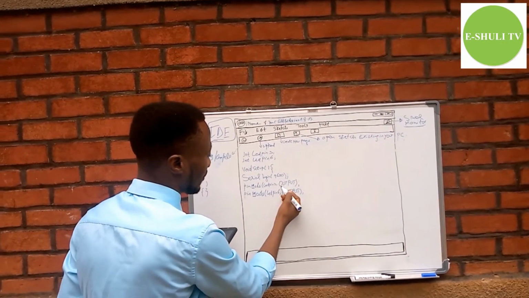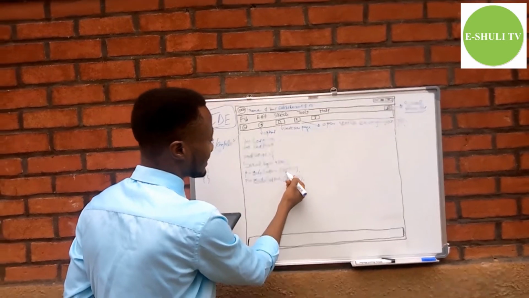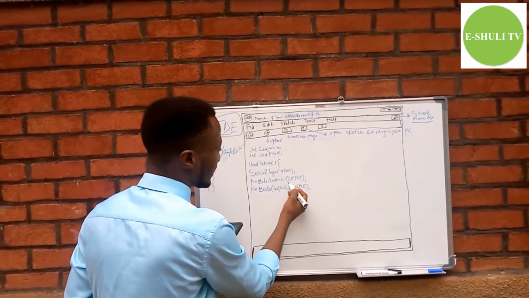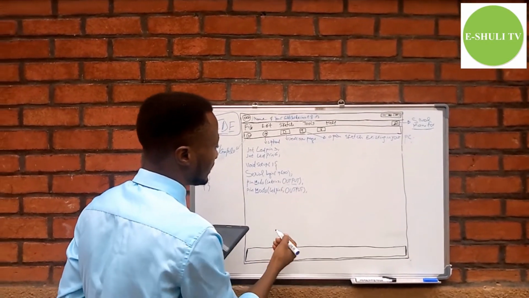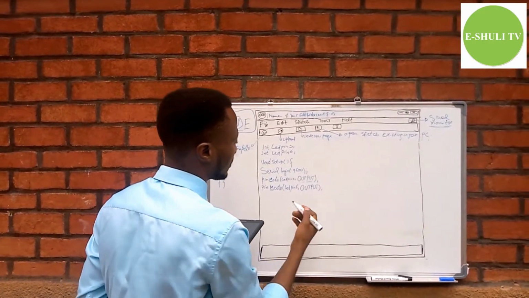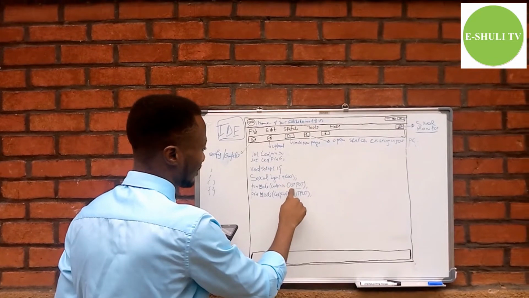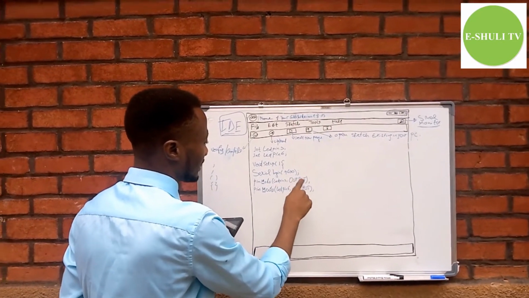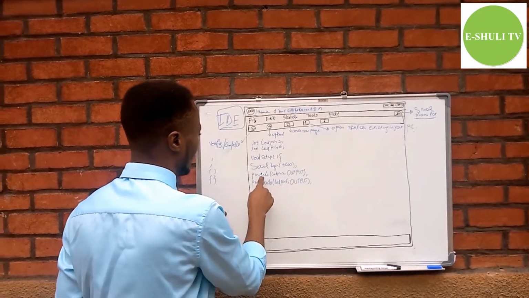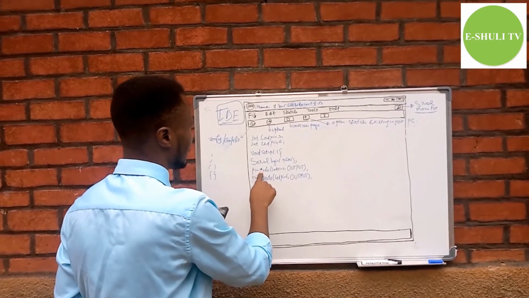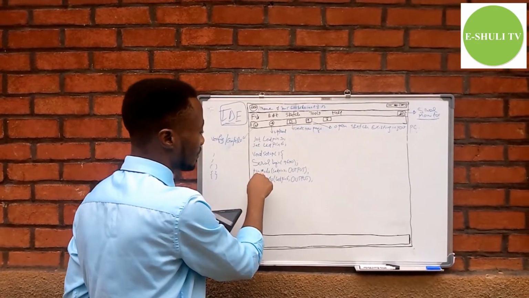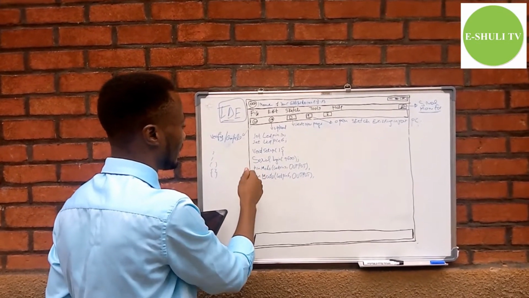But when you write either OUTPUT or INPUT, those must be in capital letter. You have to respect that, because when you write output in small letter, it will be an error. Even if you write this M in small letter, it will be an error.